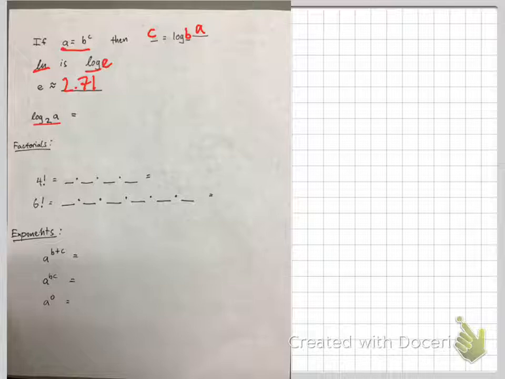The last subject that I want to touch on is, what if you've got a strange base to your logarithm? Say you don't have a log base 10 or a log base e problem, but you've got a log base 2 problem. There's a trick for doing this, where since you don't have a log base 2 button on your calculator, you can use one that you do have, like log base 10, and put the a in there, but then you divide by the log base 10 of the base that you do want.